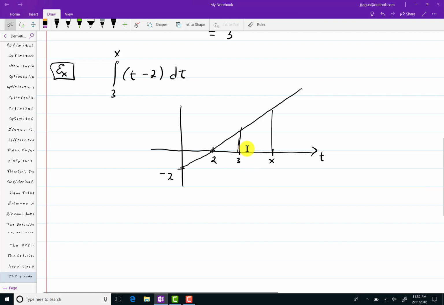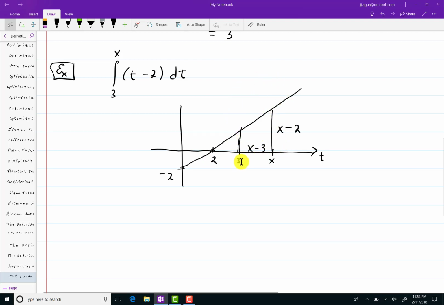So the length of this base is x minus 3. The height of this thing is x minus 2. You just take x and you plug it in. So what's the area of this trapezoid?